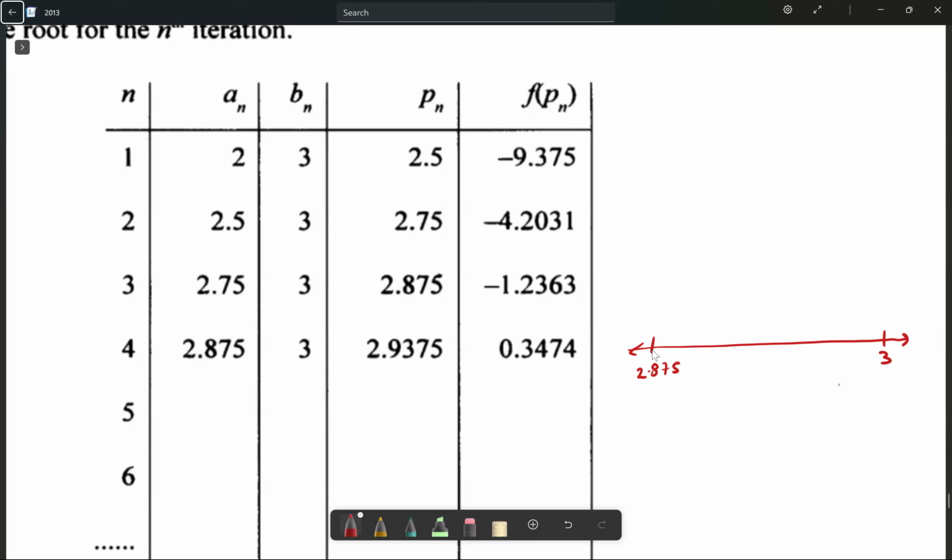When you plug in this value, you're up here, which means that the answer is still in this range.